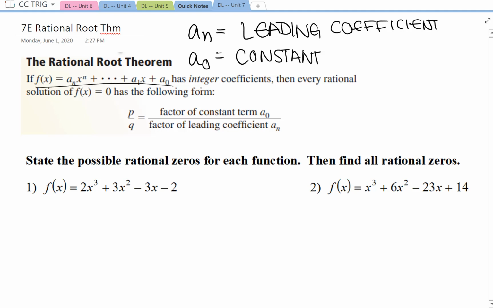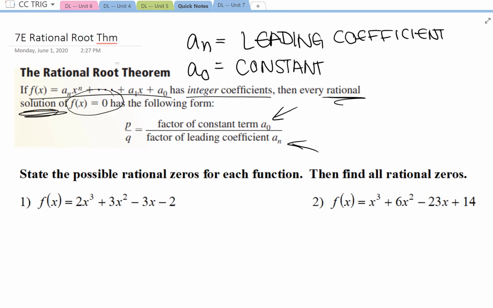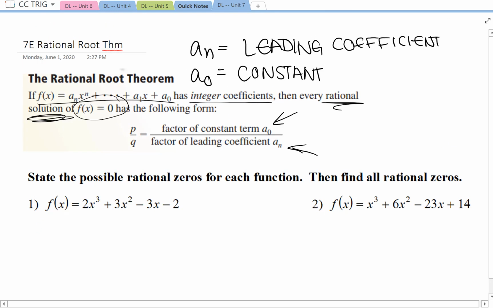If the polynomial has integer coefficients, not fractions, not radicals, then every rational solution of f of x equals 0 has the following form: p over q, factors of the constant term a sub 0 over factors of the leading coefficient. So what we need to find out is what are the possible forms that our rational zeros could take.